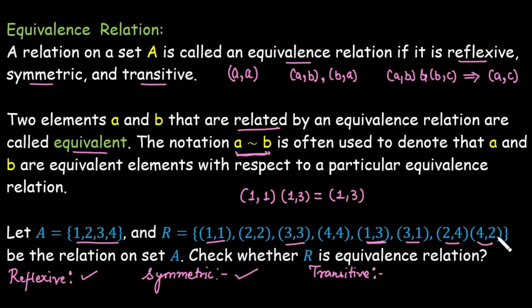Ultimately, we are getting 2, 2 and it's there. 4 is related with 2, 2 is related with 4. So we have ordered pair 4, 4 and it's there. So it means it is a transitive relation. So as the relation is reflexive, symmetric and transitive, we can call it an equivalence relation.